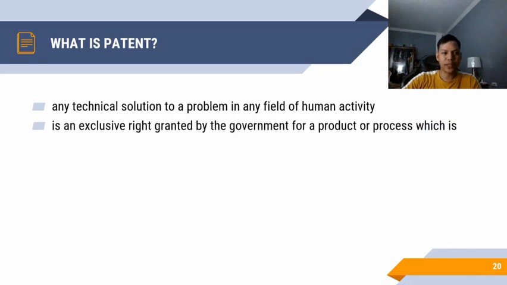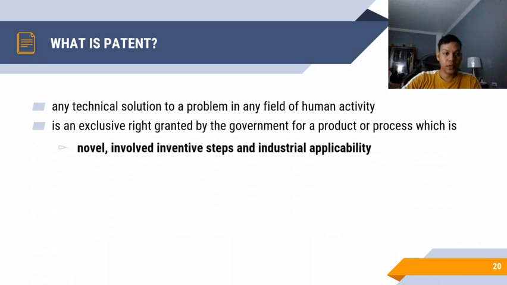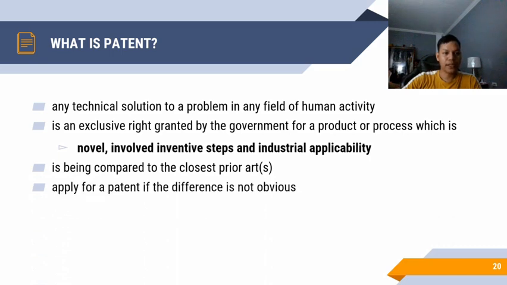Also, it is an exclusive right granted by the government for a product or process which is novel, involves inventive steps, and has industrial applicability. Also, it is compared to the closest prior arts, and you apply for a patent if the difference is not obvious, and it is valid for 20 years, non-renewable. It is only valid for 20 years.